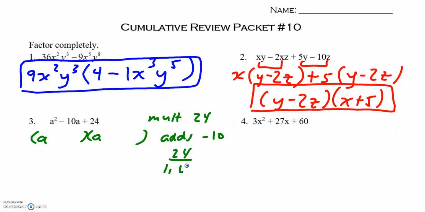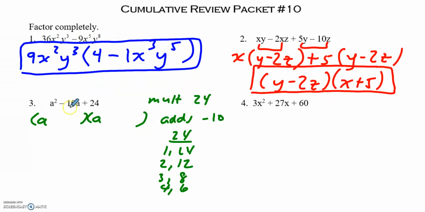So my options for 24 are 1 times 24, 2 times 12, 3 times 8, and 4 times 6. The pair that could get me a negative 10 adding would be either 4 and 6 or 2 and 12. So we have to think about this. If I want these to become negative 10, I need negative 4 and negative 6.